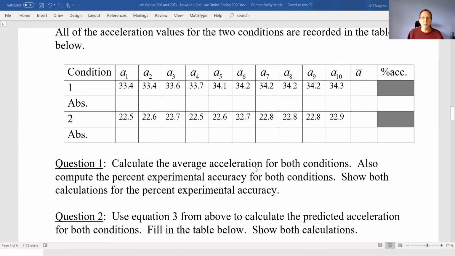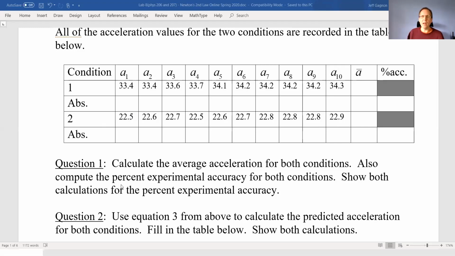All right, then for both conditions, I recorded 10 trials, and I recorded the acceleration for those 10 trials using a smart timer. So this is your data. These are the 10 data values for condition 1, the mass of the cart by itself. And these are the 10 values for condition 2, the mass of the cart with the 2 cylindrical weights.